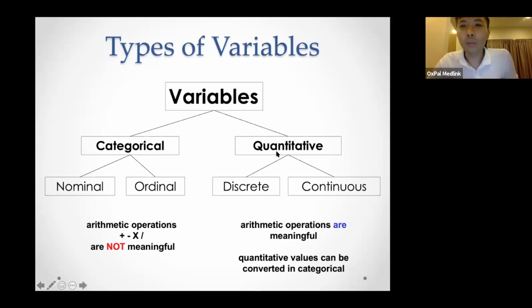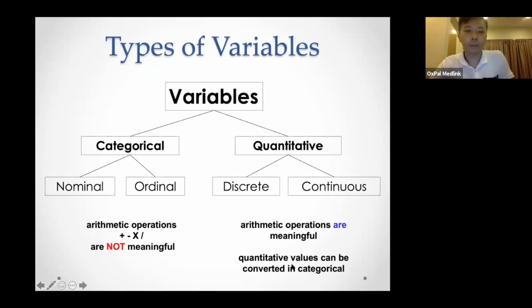Then we have quantitative, for which there are values, discrete values or continuous values, and the arithmetic operations are meaningful. You can add 2 to 4. And quantitative values can be converted into categorical.